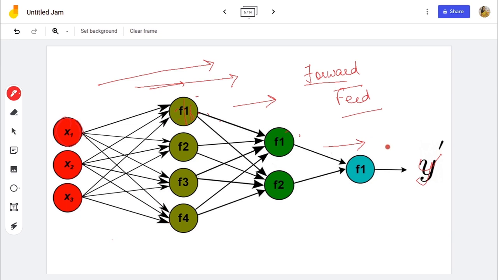So this moving forward is known as forward feed. So we moved forward. The next part that we will be learning is how we go backwards and again forward and again backwards until the model learns the weights and biases that are required. That means it learns how to know which input is how much important.